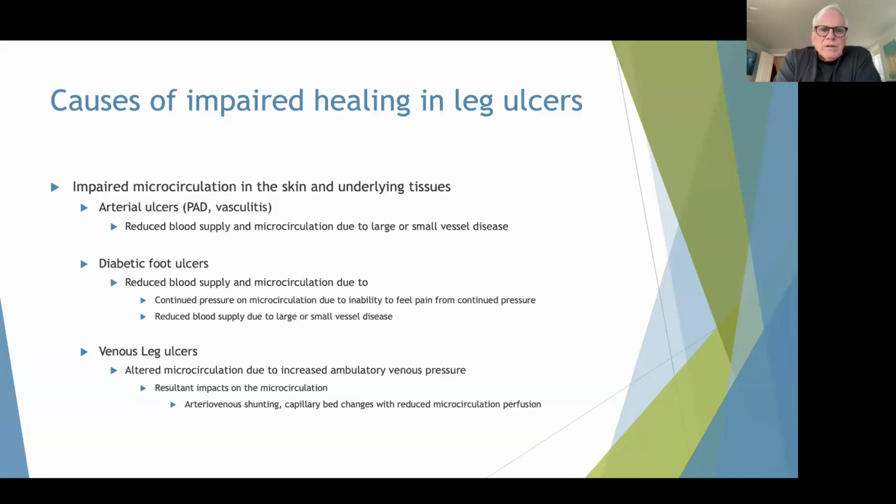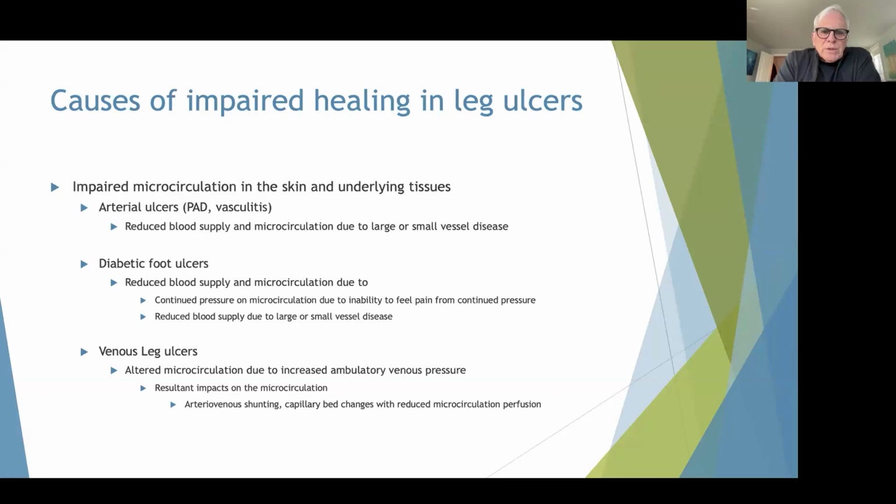In diabetic foot ulcers, it can be a combination of things. There is some change in the microcirculation with diabetes, but there can also be change in the larger vessels. But in addition, in diabetes, because of their neuropathy, there is more compression on the vessels when they're standing or walking, and they're not relieving that pressure sufficiently to enable increased circulation.